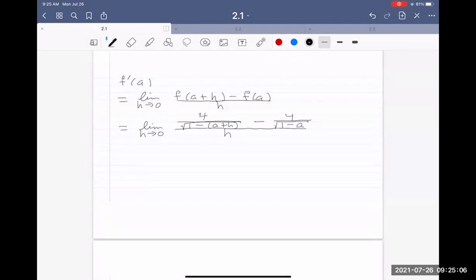Let me try to simplify this. So if I try to simplify this, let me try to somehow get rid of the denominators. And so let me multiply by the least common denominator, which is the square root of 1 minus a minus h and the square root of 1 minus a.